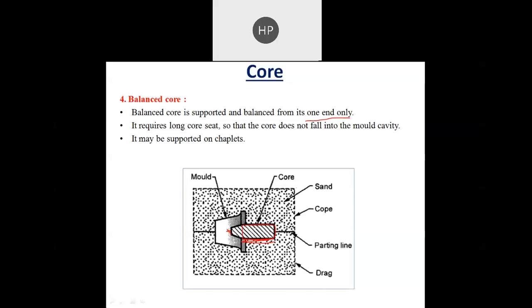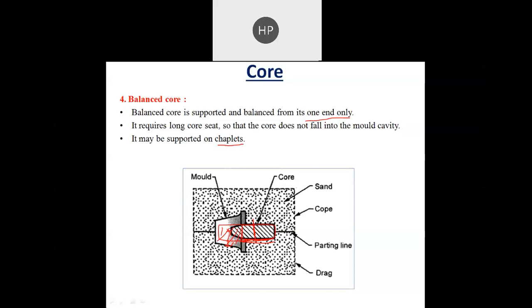Otherwise, if we give just this one portion, and if we hang it more, then there is a chance that it may fall down from here. So that's why the core seat will be larger in the case of a balanced core, and it may also be supported by chaplets.